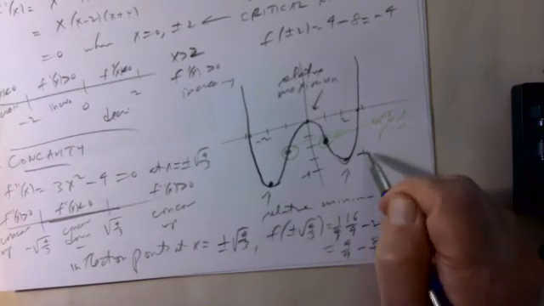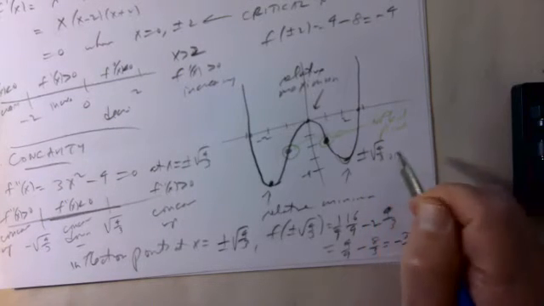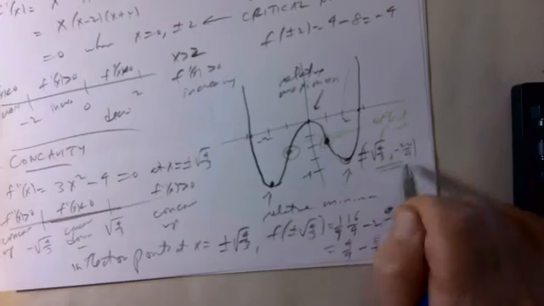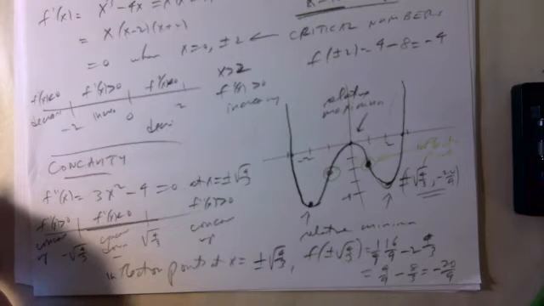And at plus or minus the square root of 4/3, the value is minus 20/9. Huh. So there is, in fact, quite a lot to do to try to understand the curve using just the first and second derivatives.